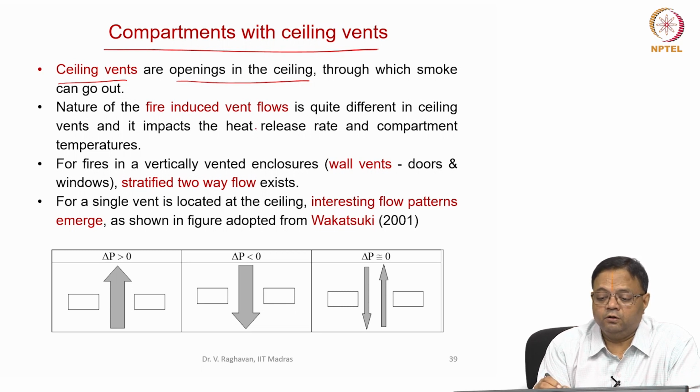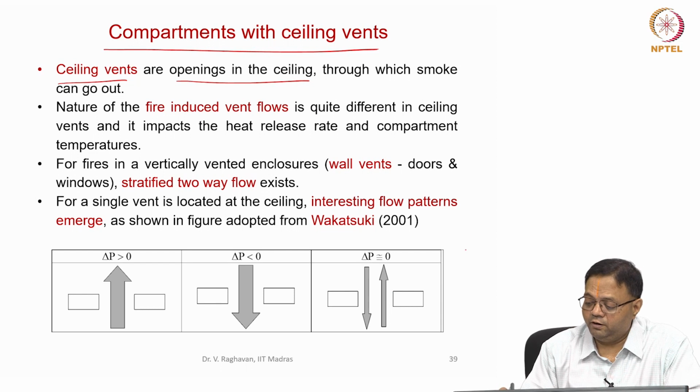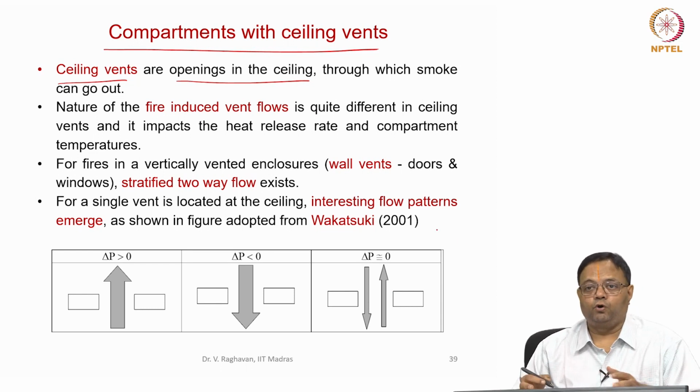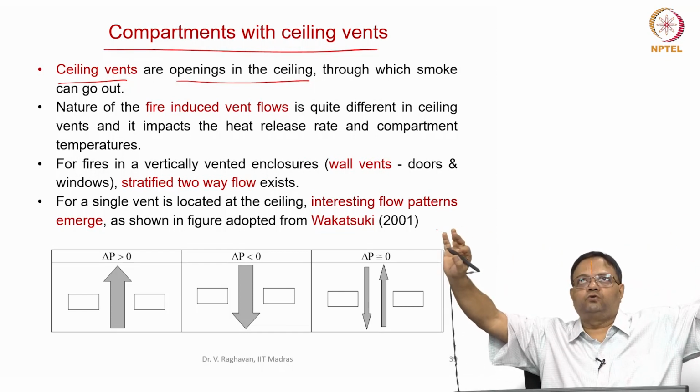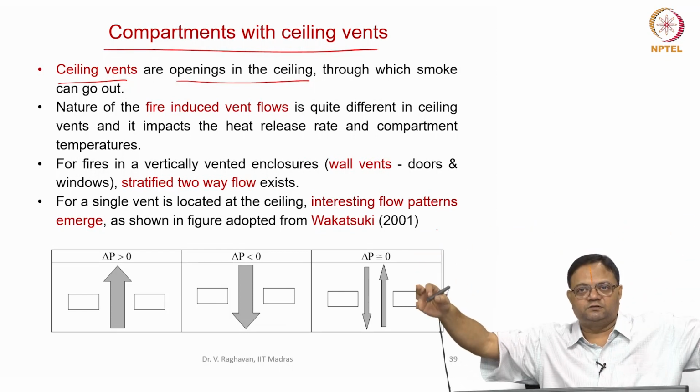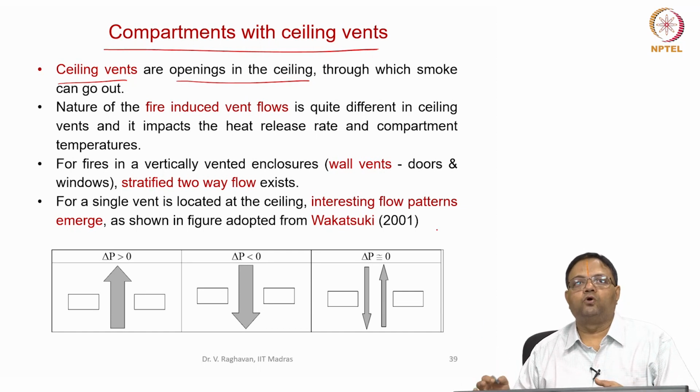Okay, the flow basically: if you see a compartment fire, the smoke goes up, hits the ceiling, there is no opening in the ceiling, so it actually spreads as a ceiling jet, then descends down, finds a vent opening and goes out.